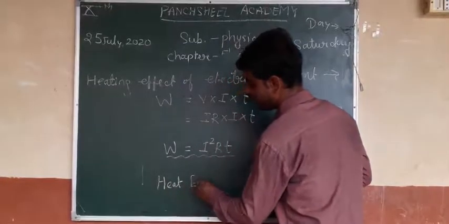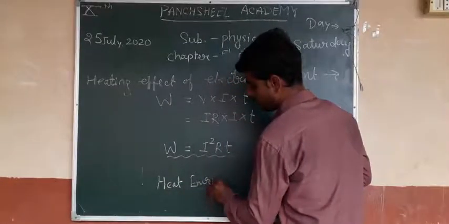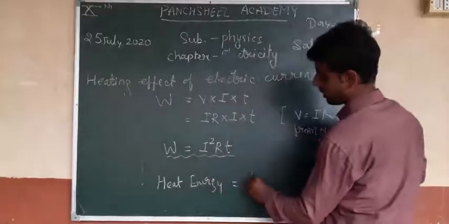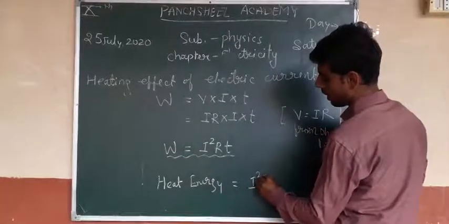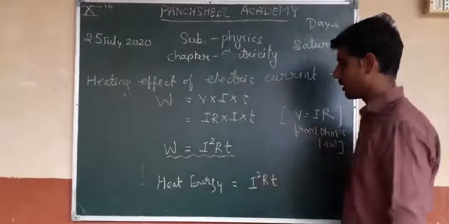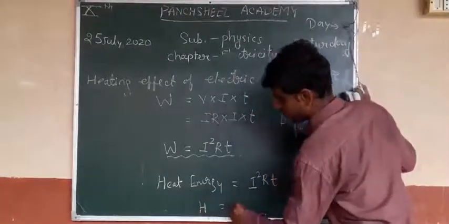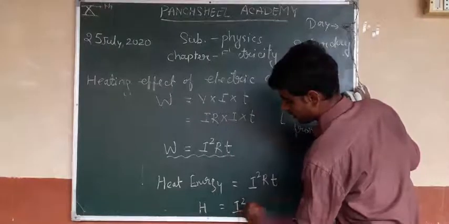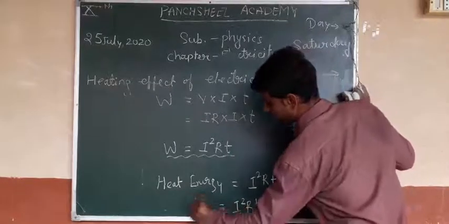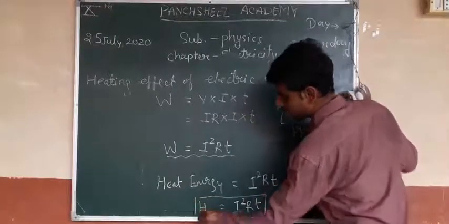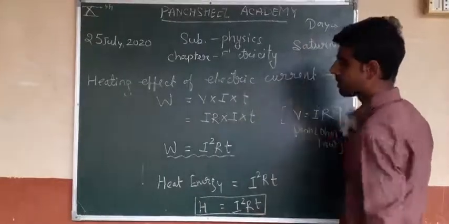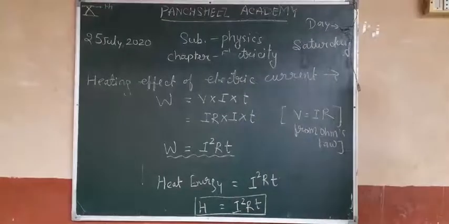Heat energy H equal to I square R into T. So this is the heat developed in a conductor.